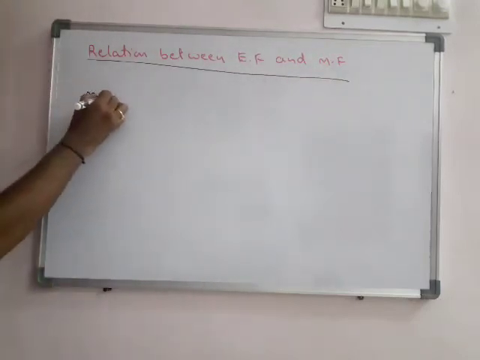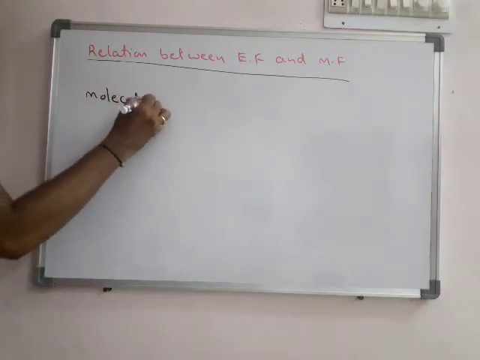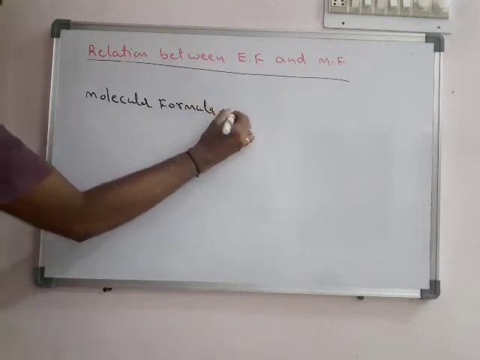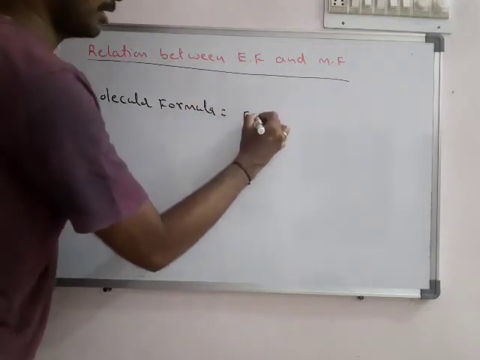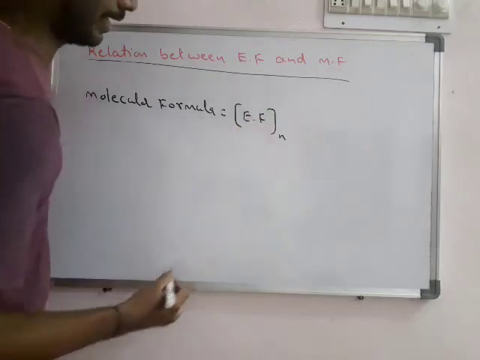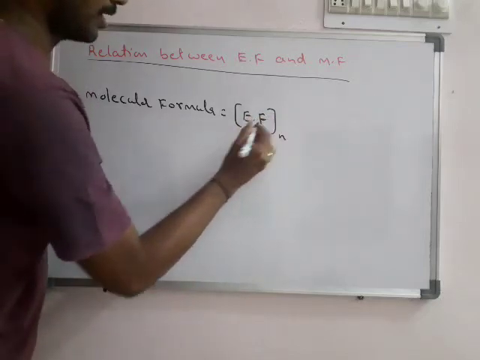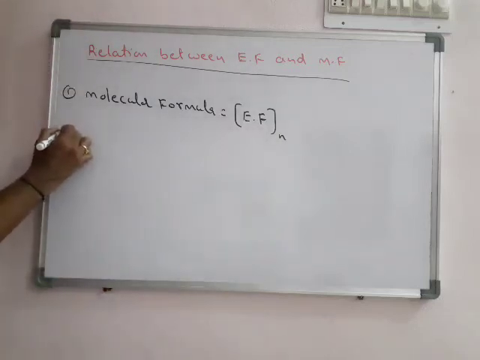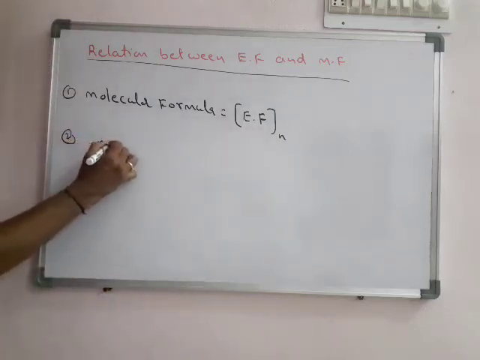So that is, molecular formula equals empirical formula taken n. This is the basic formula: empirical formula taken n. Then what is the n? Here n is an integer.